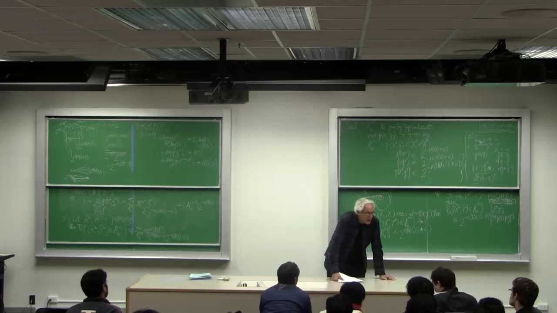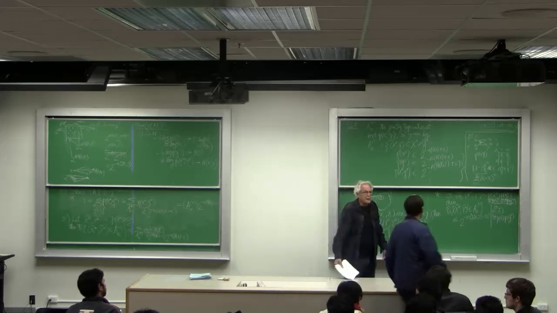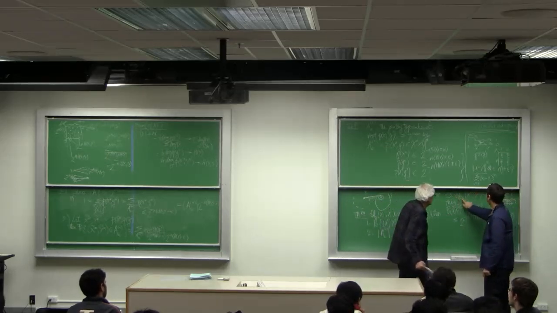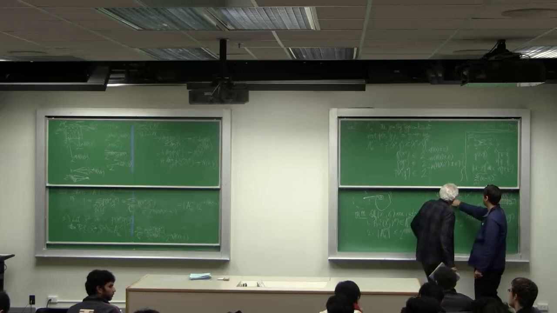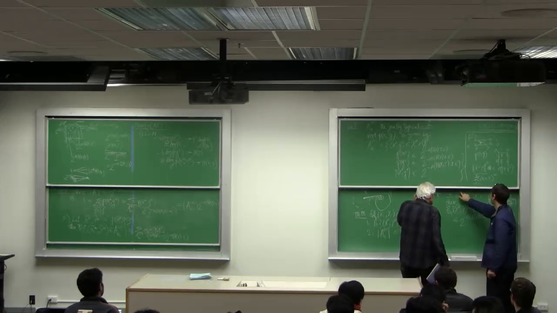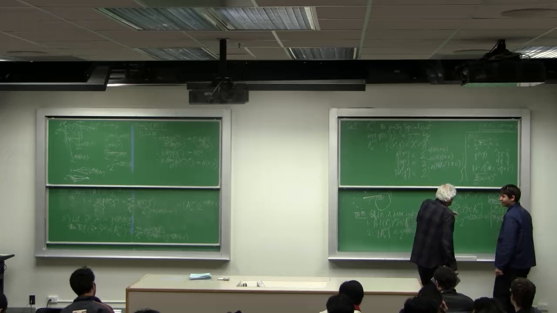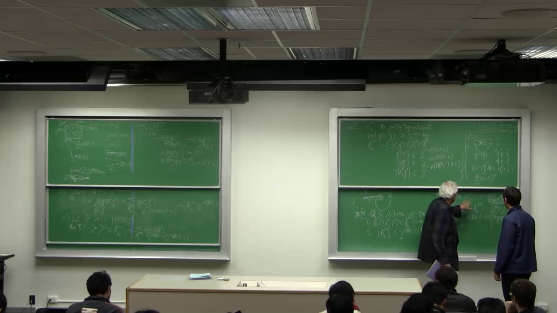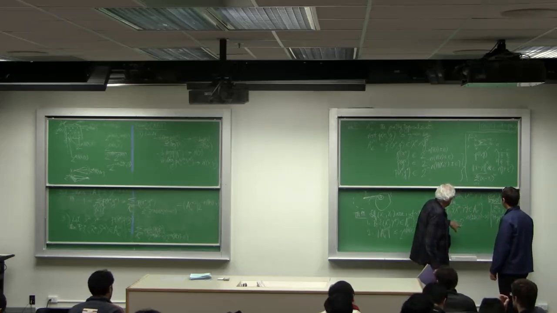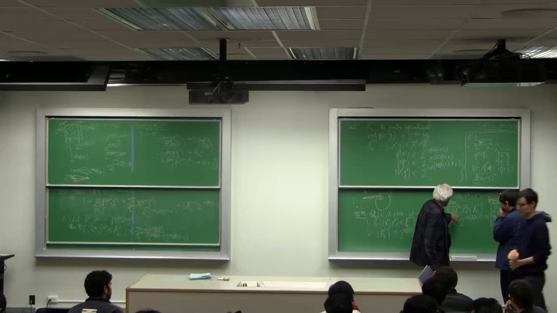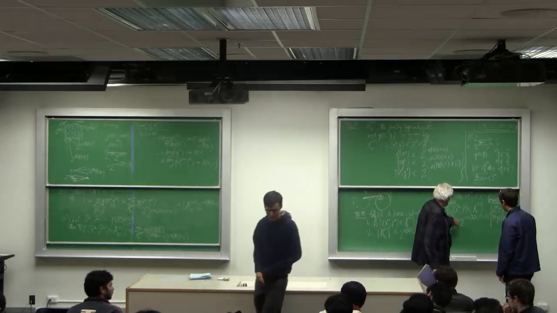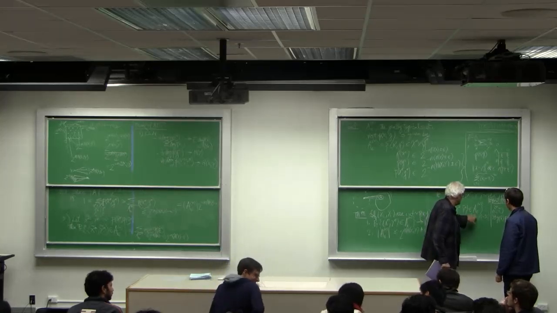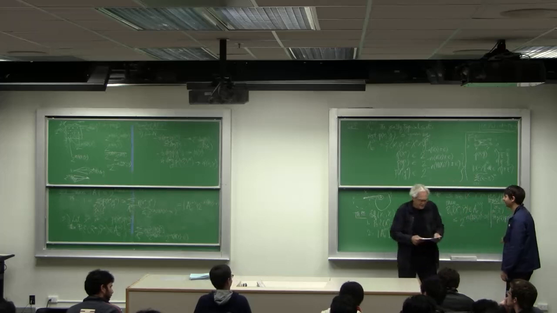On the other hand, unless this were IID, you don't get the 2 to the minus n I. You get I of x super n, y super n.